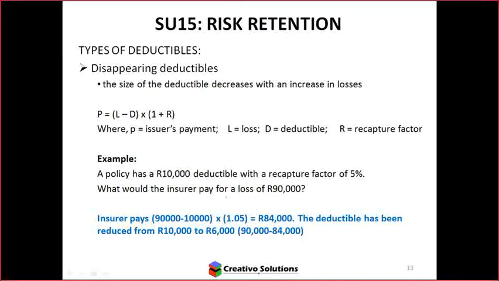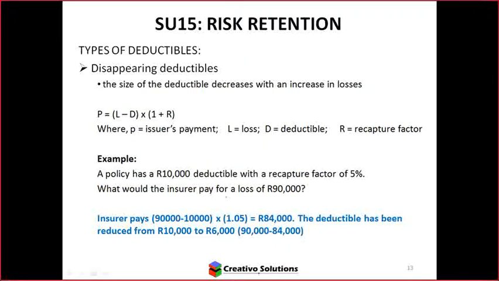Is the insured still going to want to pay out 10,000? No, and that's why they reduce the deductible. Meaning, with more losses comes a reduced deductible, only if I've got a disappearing deductible. Because at some point in time, the deductible will disappear.